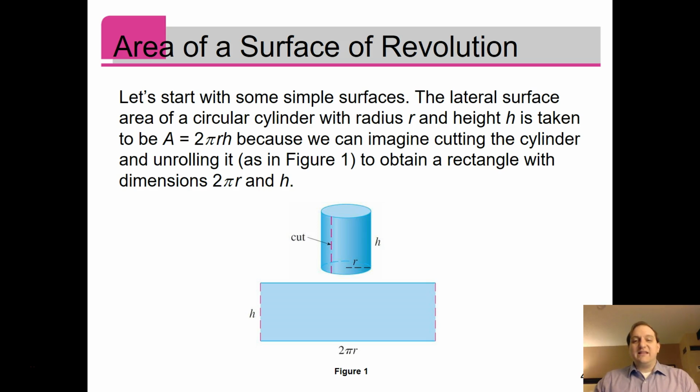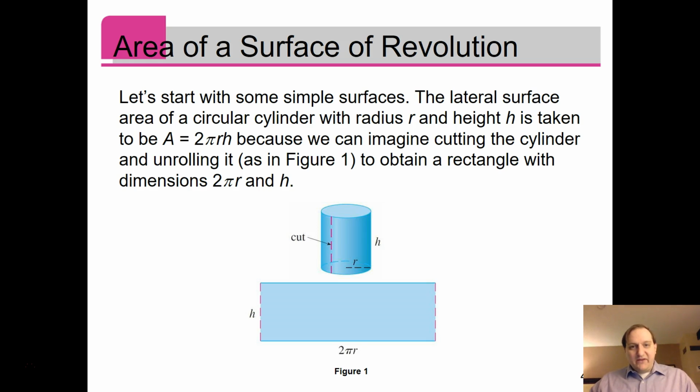So we want to look at the lateral surface area. The lateral surface area is the surface area of the curved part. We're not including the bases, so not the top and not the bottom, just the surface. If you think about a soup can, it's the area of the label that goes around the soup can.